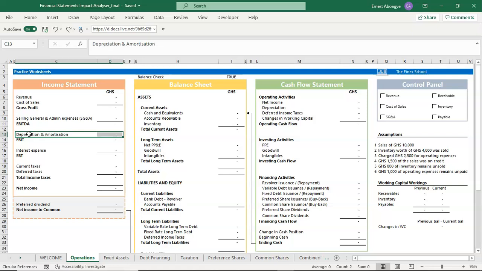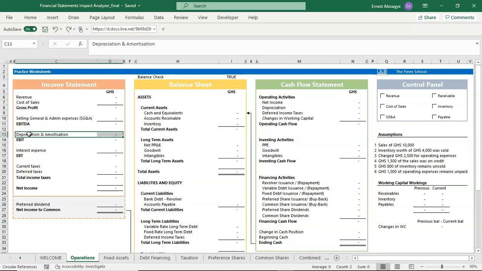So if we have a distribution van, or other physical assets like buildings and so on, they are depreciated. For intangible assets, like maybe the cost of a license, if we buy a license to run our software, or if we want to operate under a trade name and we buy that license, the cost of that license has to be spread over the period in which we think we are going to operate under that license, and that's what we call amortization.